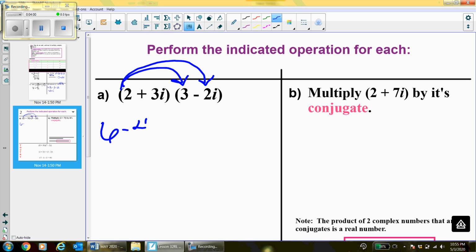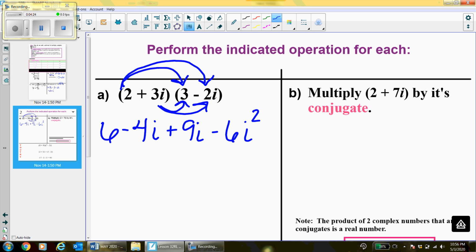So that becomes negative 4i. Then we have 3i times 3, which is 9i, and 3i times negative 2i, which is negative 6i squared. We talked about this a little bit when we talked about imaginary units.